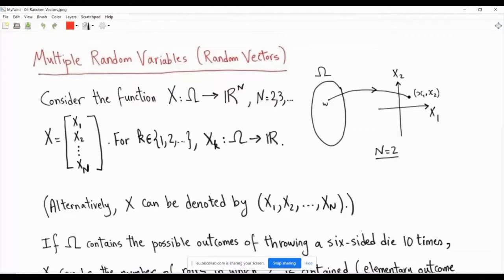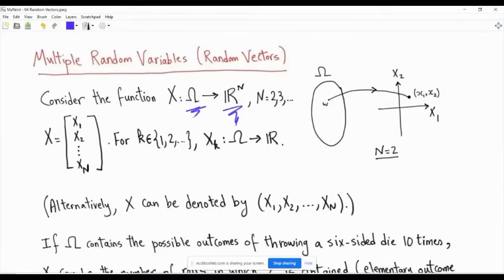And formally speaking, the random vector X is an F-measurable function that you define from the sample space to the n-dimensional real space. If you have just a two-dimensional random vector with two components, then basically what you do is that you take each element in big omega and map it to a point in the plane.